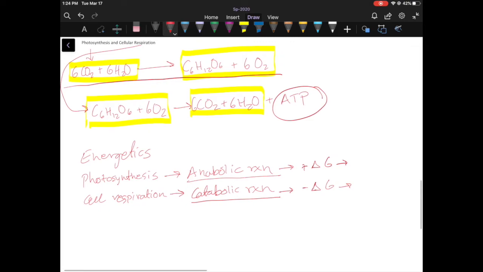So when we have a positive delta G, that means that it requires energy. And when we have a negative delta G, that means energy is released.